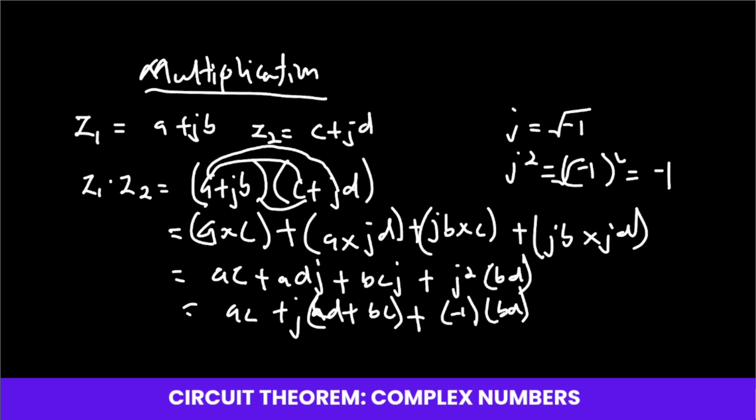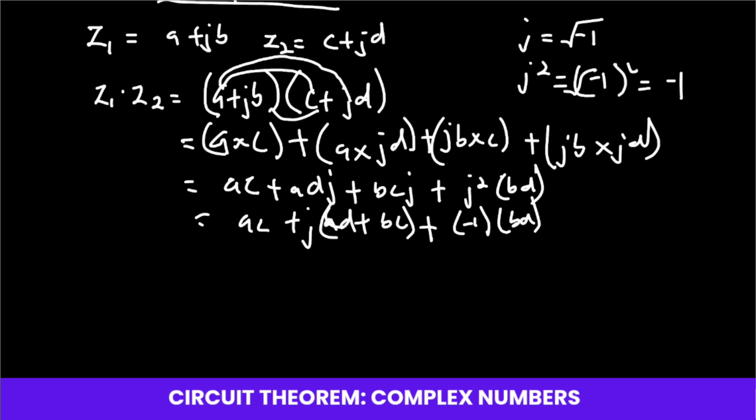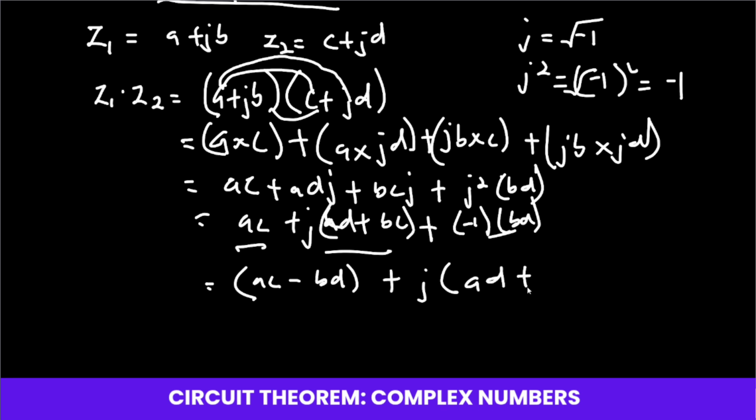Okay, so from here we can group like terms, where we have the real parts and the imaginary parts. So we have ac minus bd as the real part, plus j into bracket ad plus bc. Please, do you get it now?